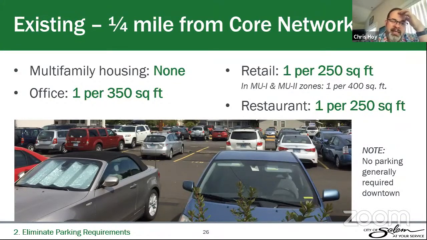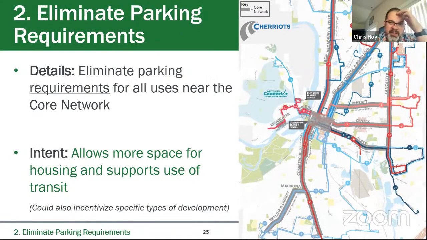Before we move on to that, I think that my biggest concern with this one, and I certainly voted for the previous proposal to eliminate it within a quarter mile, but what we didn't really think about is that if you look in the core where a lot of these things start coming together, a quarter of a mile will pretty much cover a big swath of land there, which I don't think was really our conscious intention.